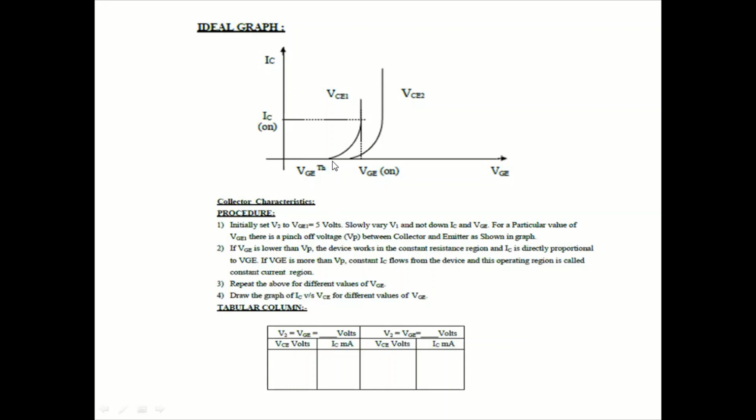But as you increase above this gate to emitter threshold voltage, you can see that the current starts increasing, and as you further increase the gate to emitter voltage, the collector current increases correspondingly depending upon the gate to emitter voltage.